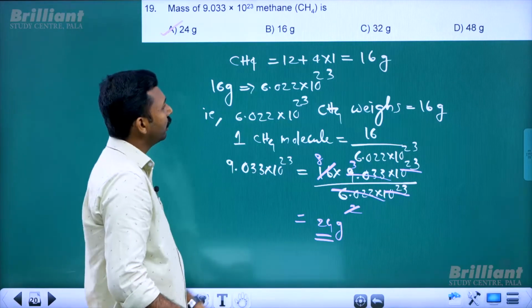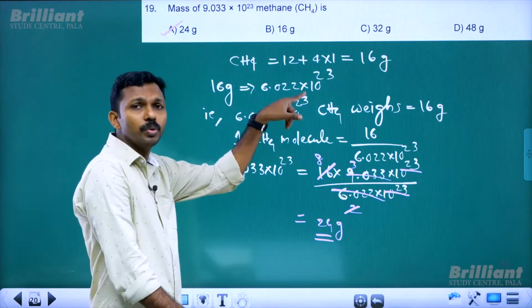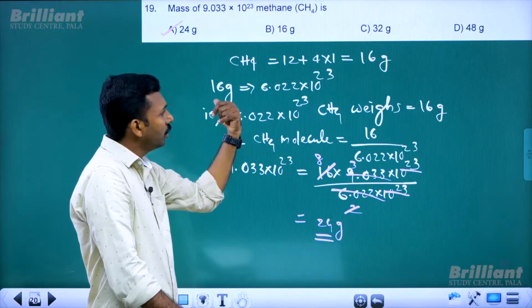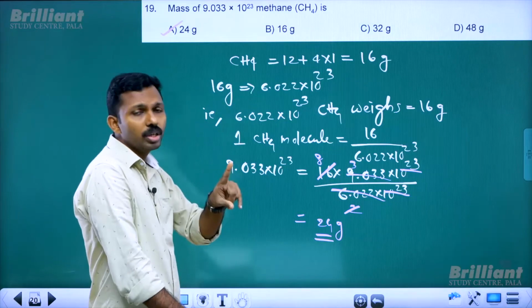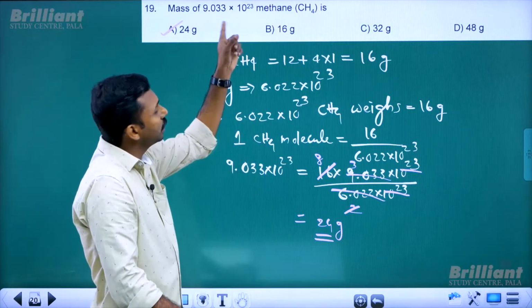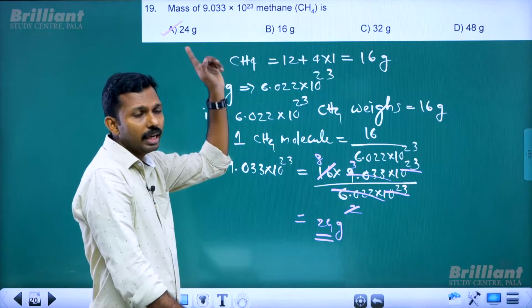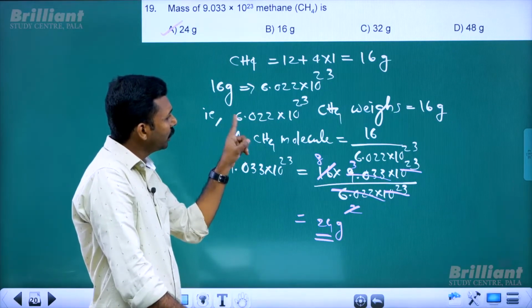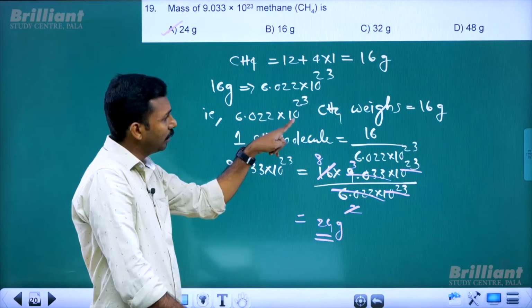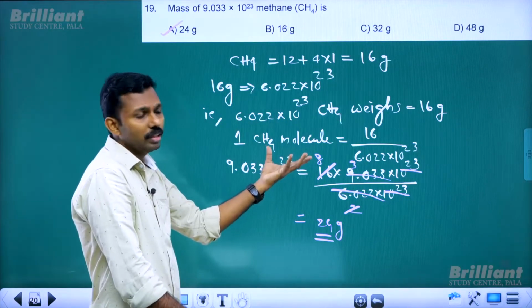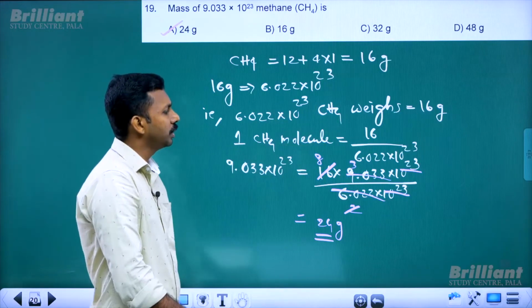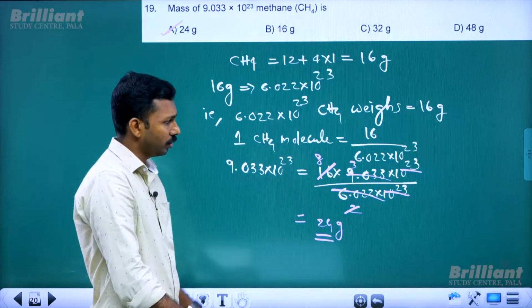We know that 6.022 into 10 raised to 23 methane molecules weigh 16 grams. Then what is the mass of one molecule of methane? Because here the number is given, that is why we are using the number itself. So one molecule will weigh 16 divided by 6.022 into 10 raised to 23 grams.